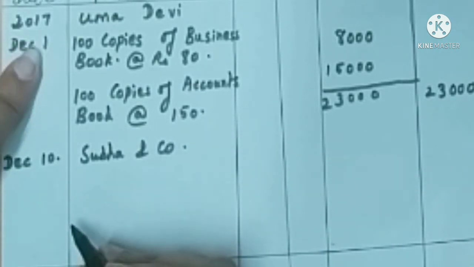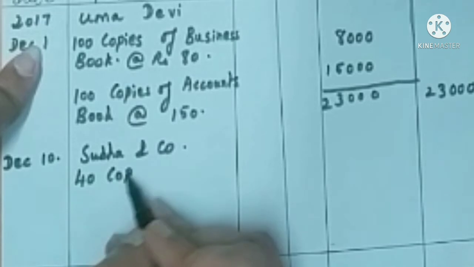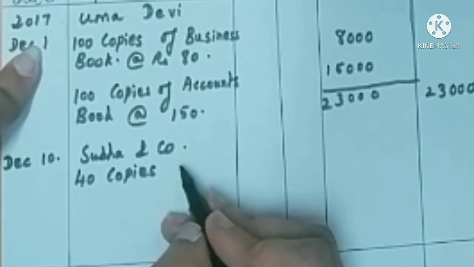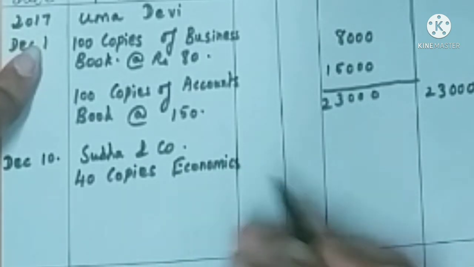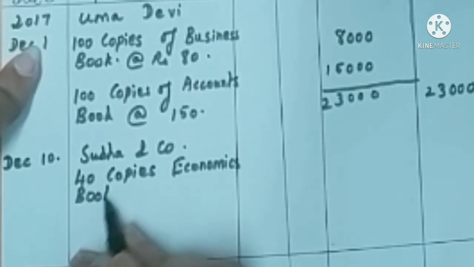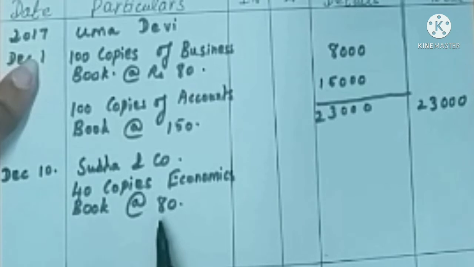Forty copies economics book at rupees 80. So 40 into 80 is what? 3,200 rupees.